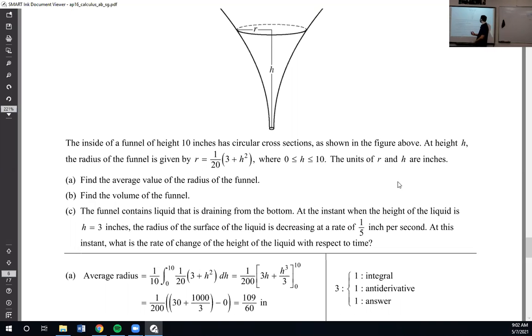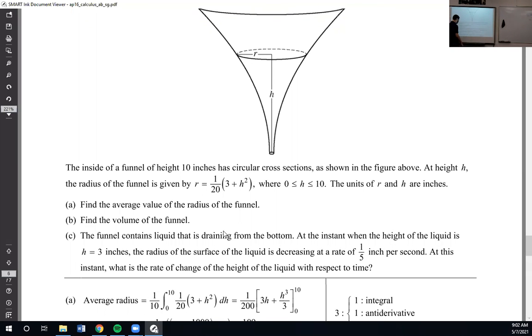Part B, find the volume. So you could almost think of this in a similar way to how we think about cross sections or discs or washers. Because all we have to do to find the volume, to find the amount of space in here, is that this is made up of a bunch of circles.